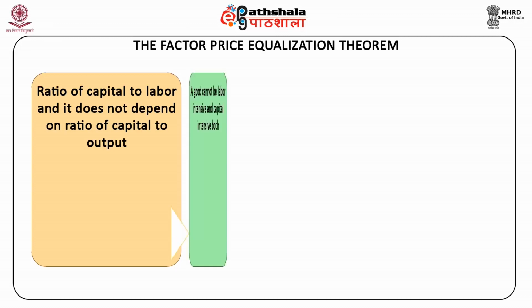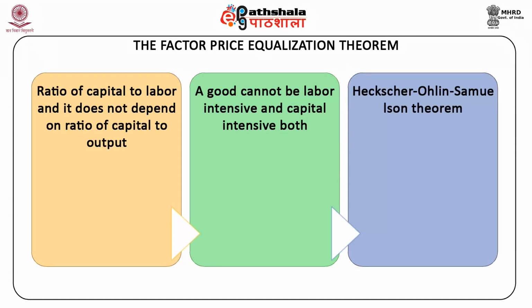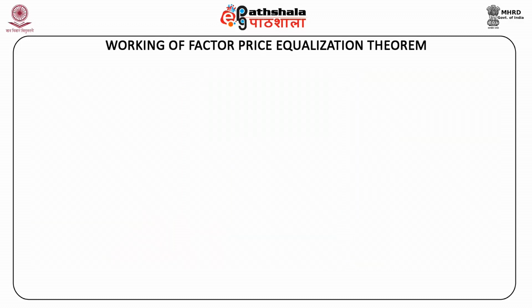It means a good cannot be both labor intensive and capital intensive. Since this theorem follows directly from the HO theorem and was developed by Paul Samuelson, it is also referred to as the Heckscher-Ohlin-Samuelson (HOS) theorem.